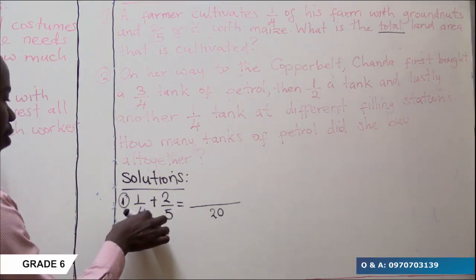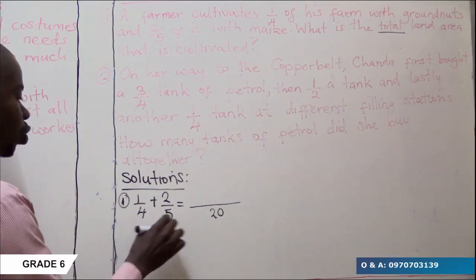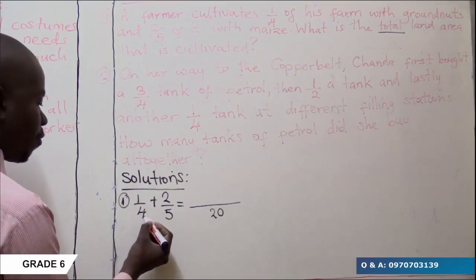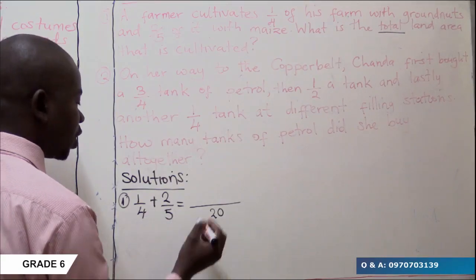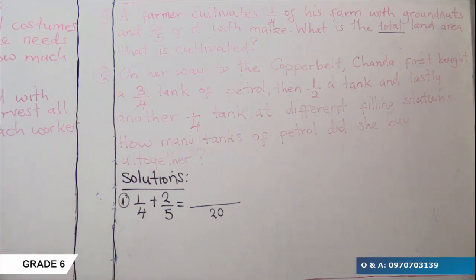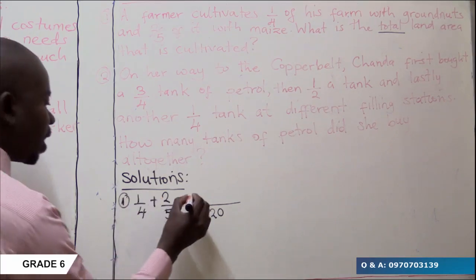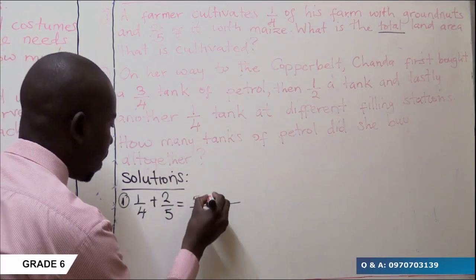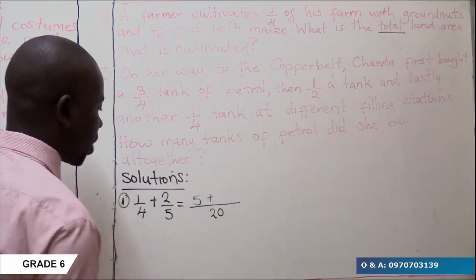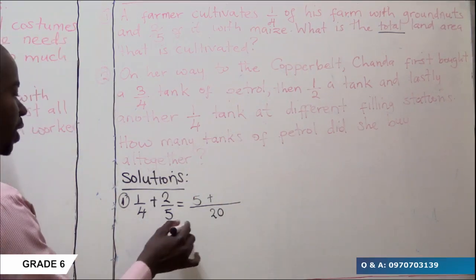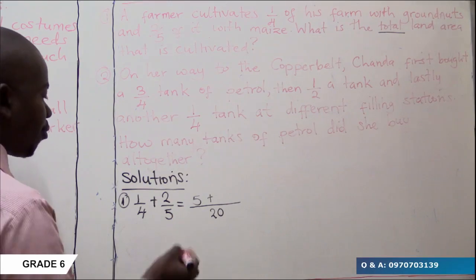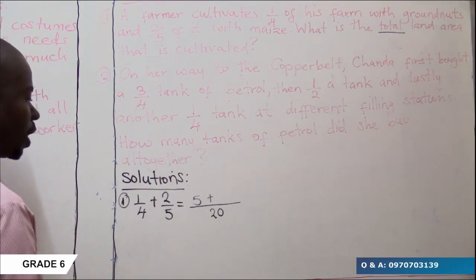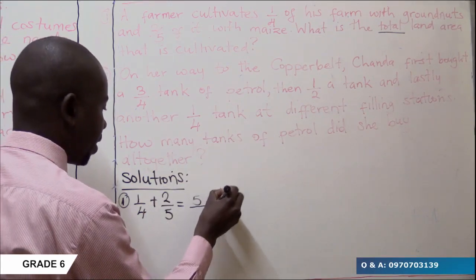So 4 can go in 20. How many times does 4 go in 20? 4 goes in 20 5 times. So 4 into 20 is 5, and 5 times 1, the answer is 5. Plus 5 into 20, the answer is 4. 4 times 2, the answer is 8.